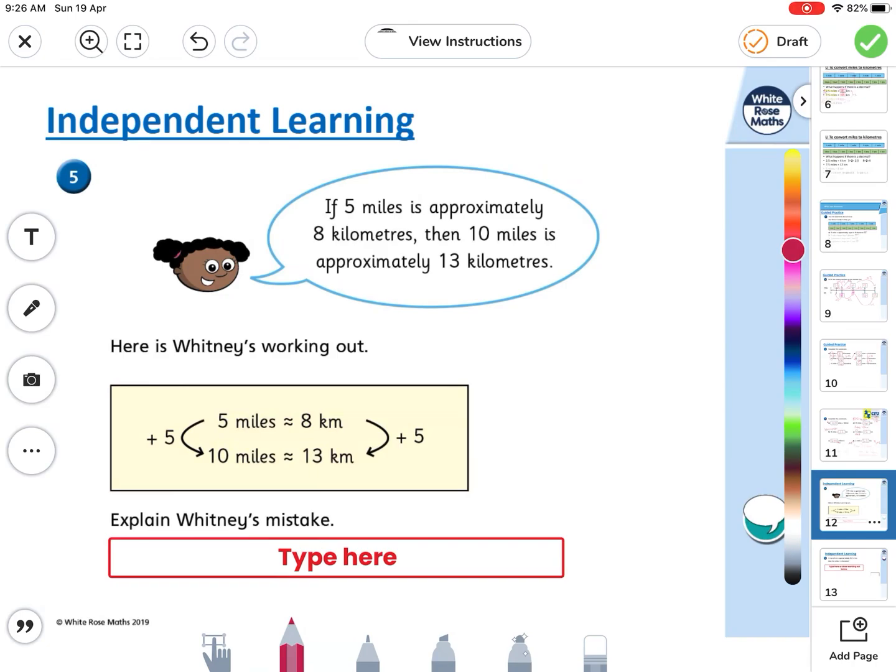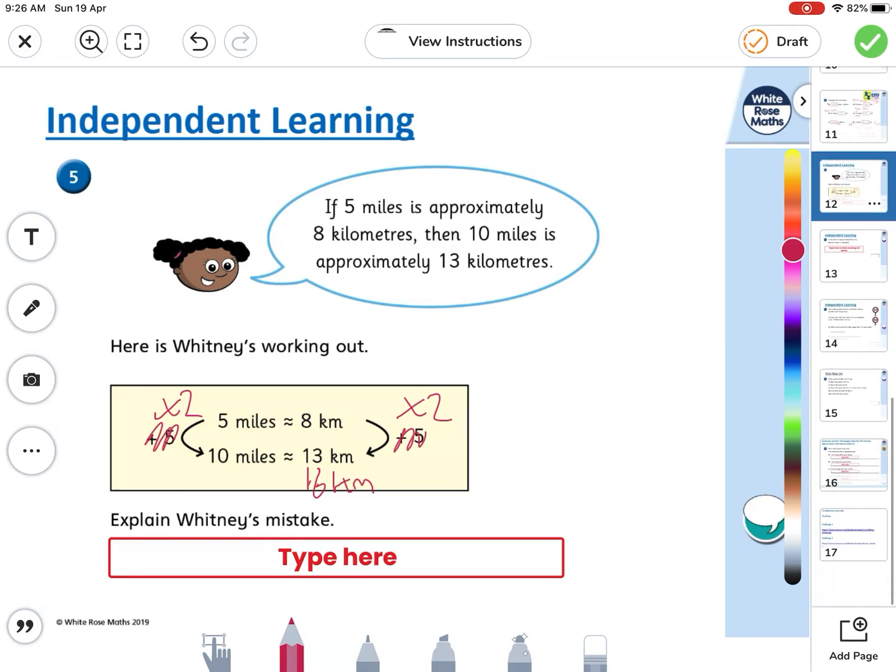Well, her mistake is that, a bit like a fraction, you can't just add 5 to either side. She needed to multiply by 2. So 5 times 2 is 10. So it should be 8 times 2, it should be 16 kilometres. She added 5 each side when she should have multiplied it by 2.